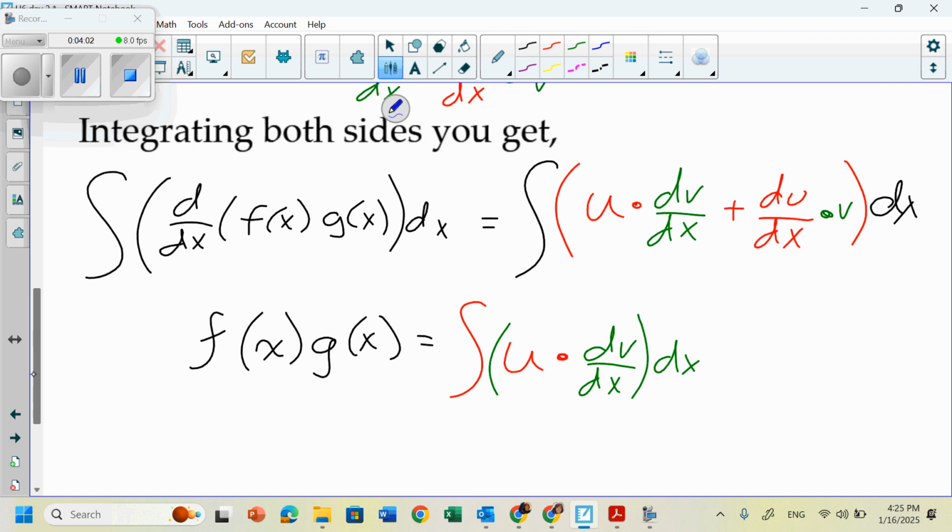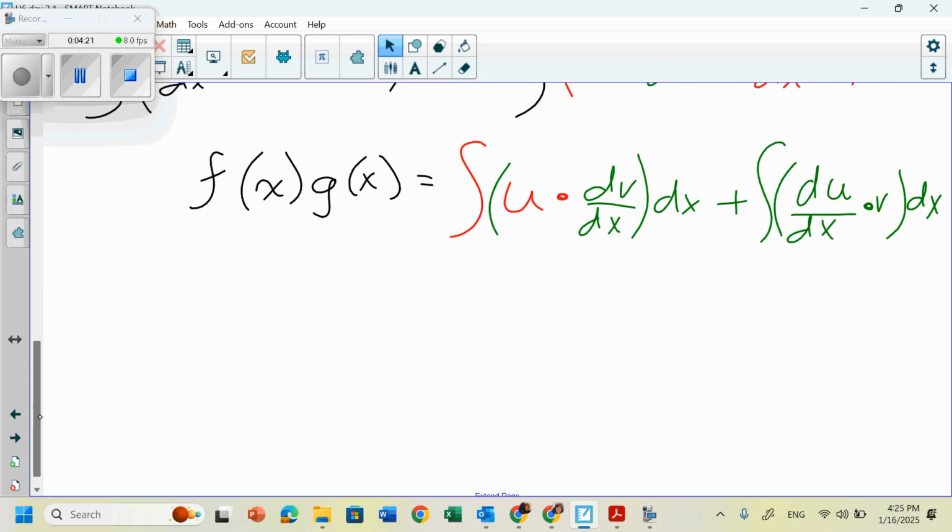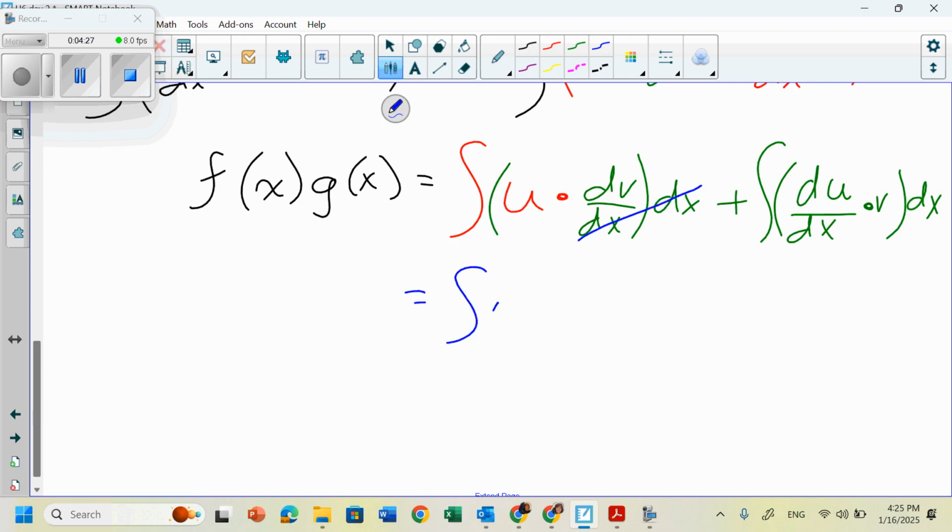They both get dx's because I just separated into two pieces. I'm still working on this right-hand side because this looks really weird. I want to clean it up. A dx divided by dx cancels, so it's the integration of u times dv plus, notice that these cancel out, the integration of v du is equal to this f of x.